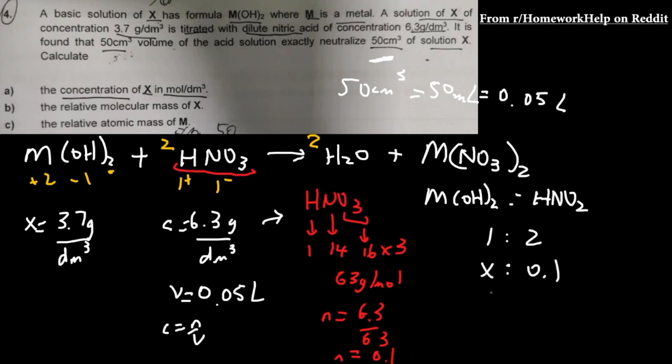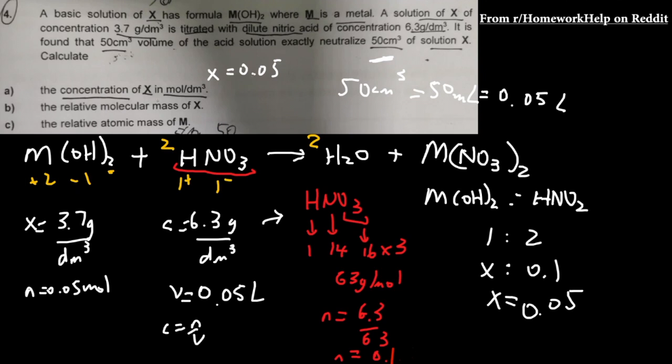When you cross multiply this, you should get X equals 0.05. So this means that now we have the moles is 0.05 moles of MOH2. From here, we are able to solve for X. So this means that X equals 0.05.